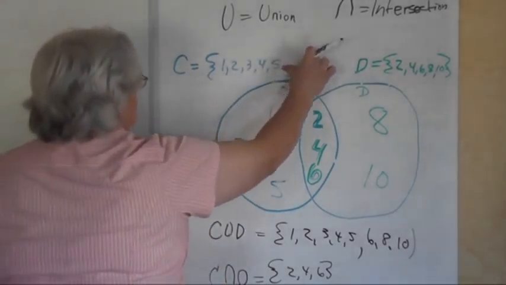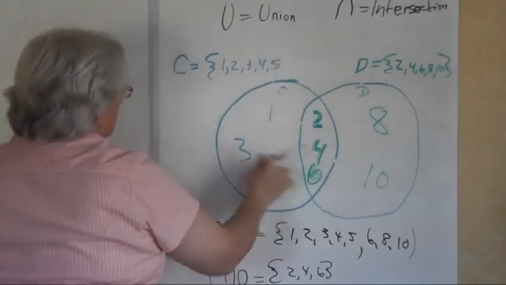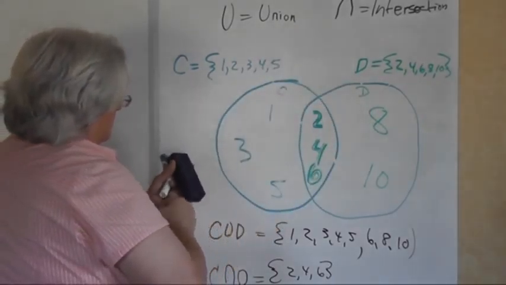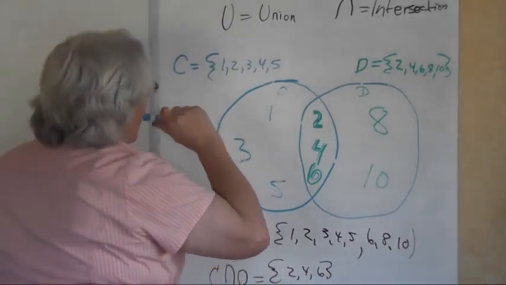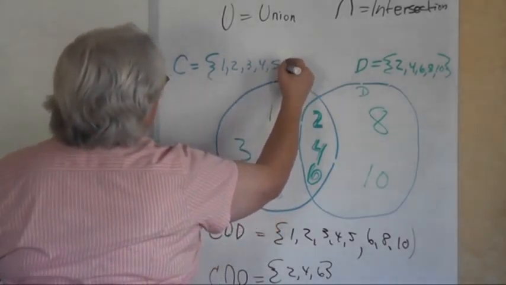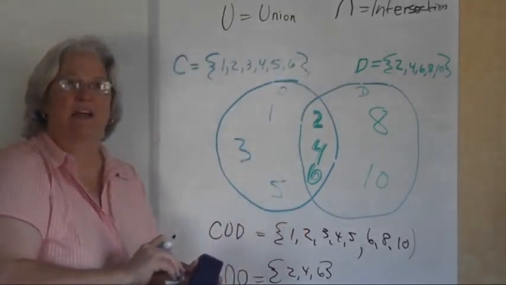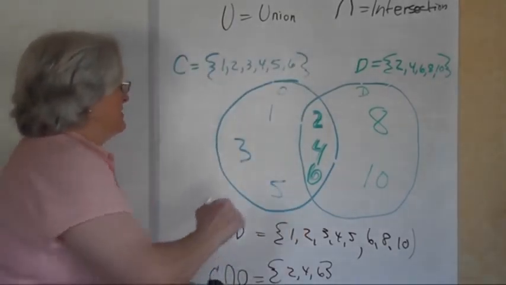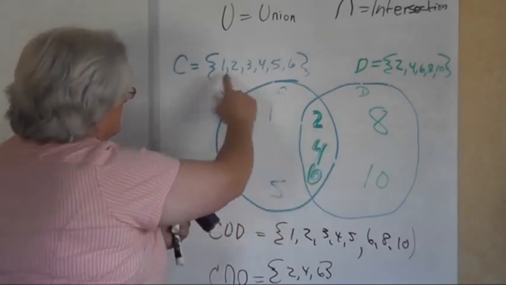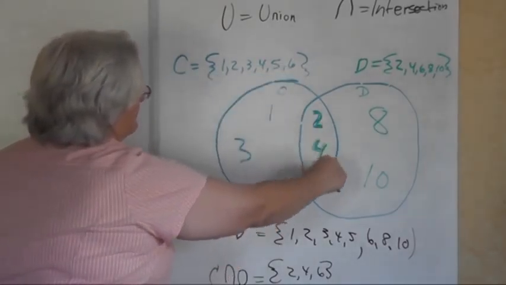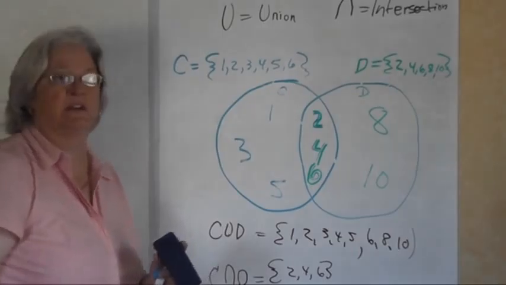Yeah, because you say I have the blue is 6. So C actually contains this extra element. It has 1, 2, 3, 4, 5, 6. And D has 2, 4, 6, 8, 10.